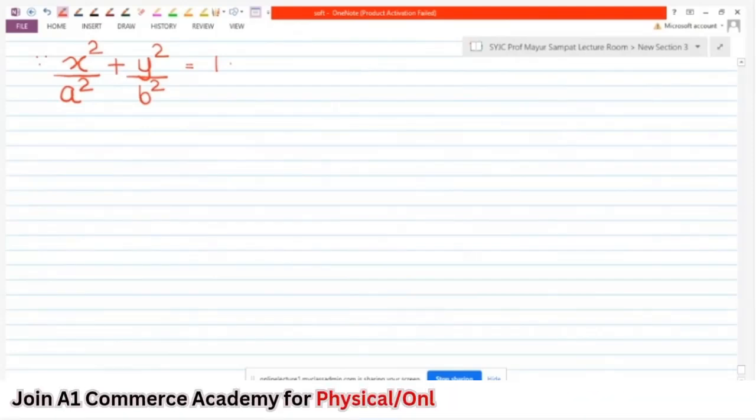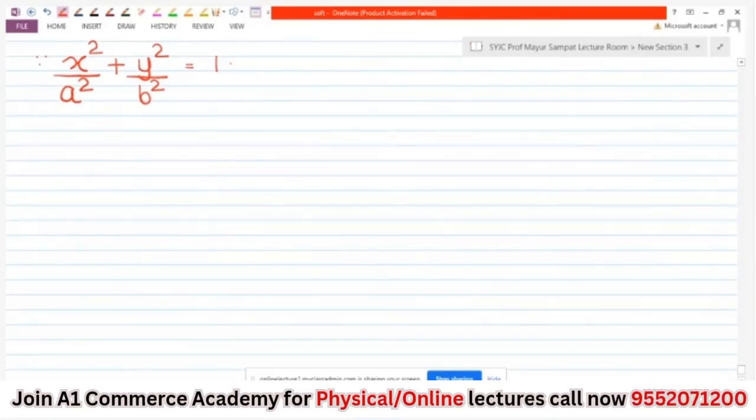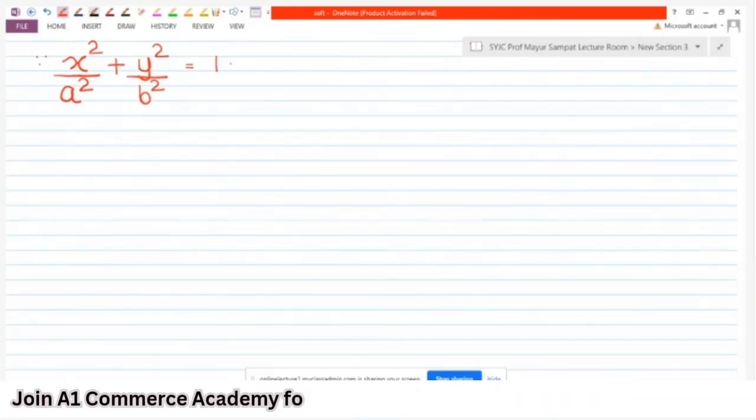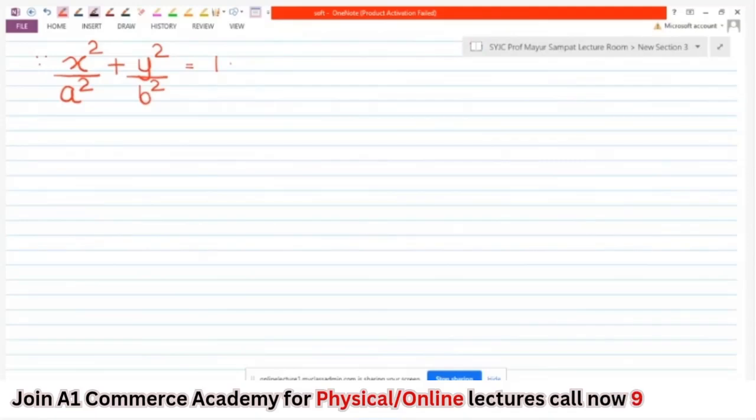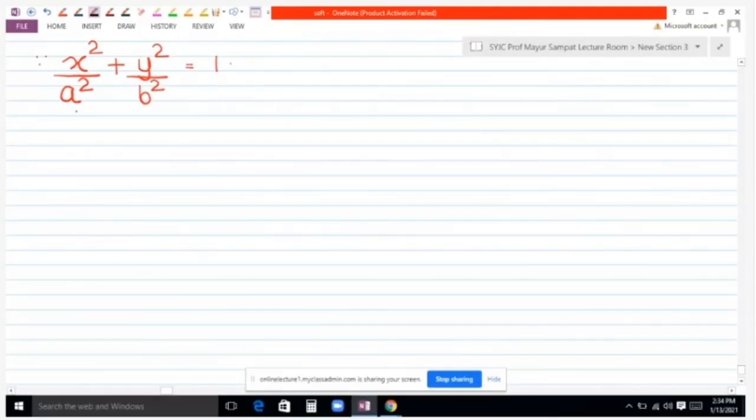But for finding the area, we always require the value of y. How do we obtain that value of y?